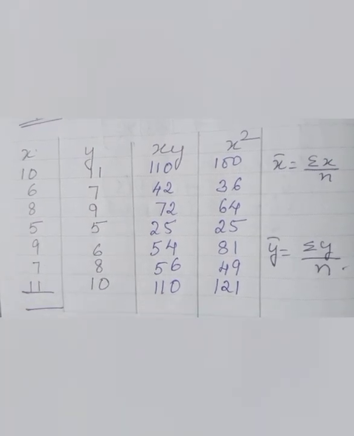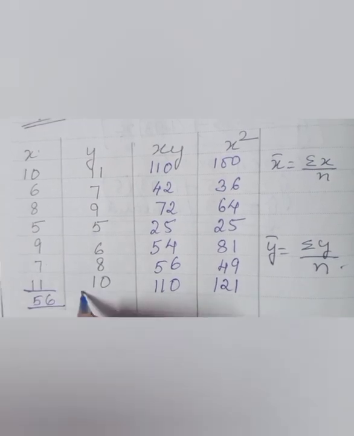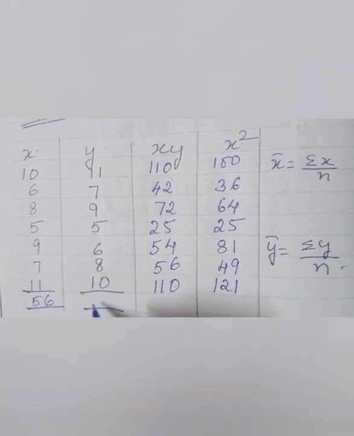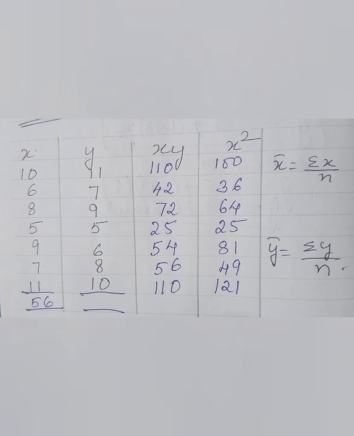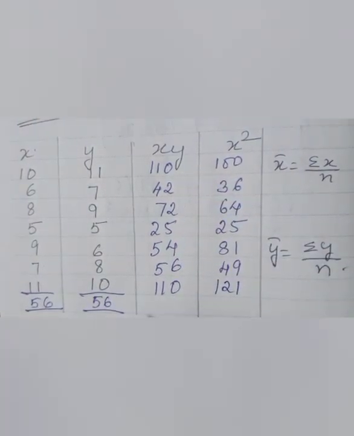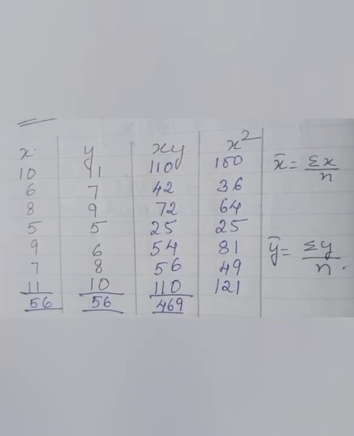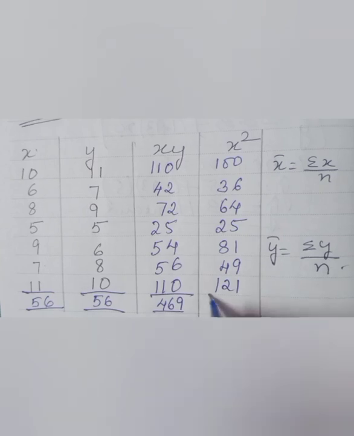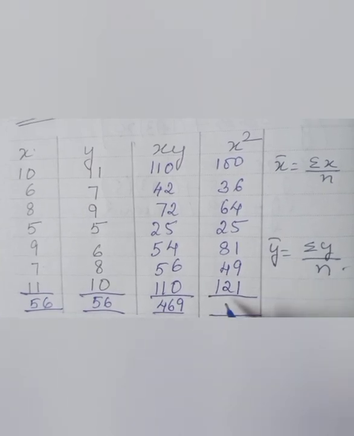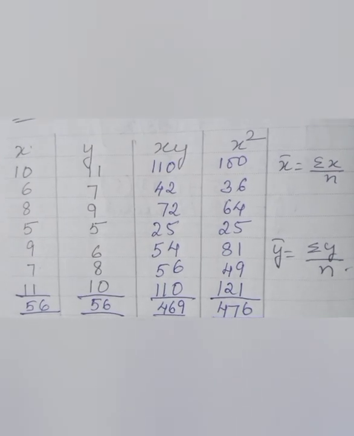So when you do the total of x, you will be getting 56. Do the total of y. This will be again 56. Do the total of xy. This will be 469. Do the total of x square. So this will be 476.